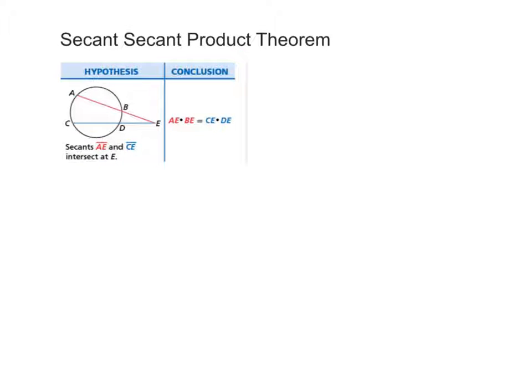The next theorem is called the secant product theorem. So remember, secants are extensions of chords. They're chords that continue through the circle, like secant AE, for instance, in the picture above. So pause this video, copy down the secant product theorem, both the picture and the conclusion.